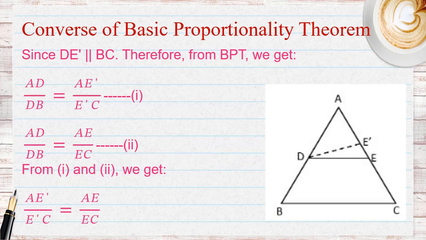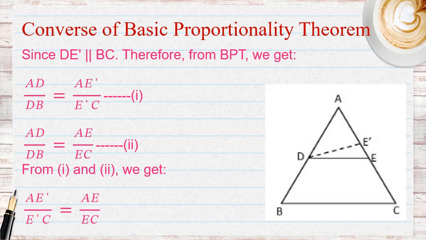Since DE dash is parallel to BC, therefore from BPT we get AD upon DB equals AE dash upon E dash C, isn't it? But what we have in the given, it's AD upon DB equals AE upon EC.